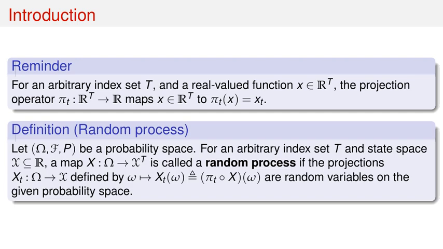Now for the definition of a random process. Let (Ω, F, P) be a probability space.